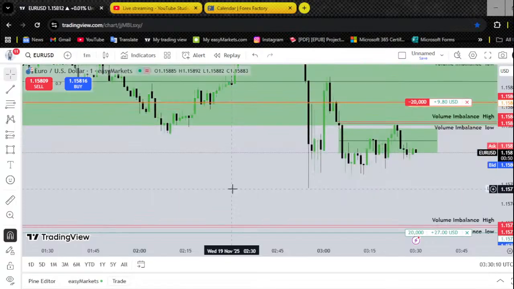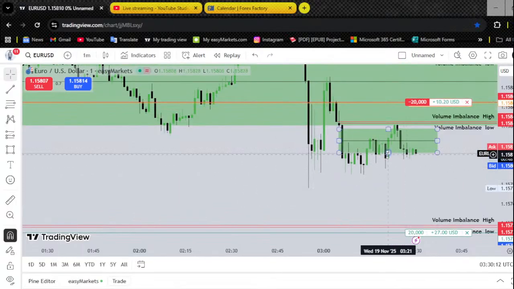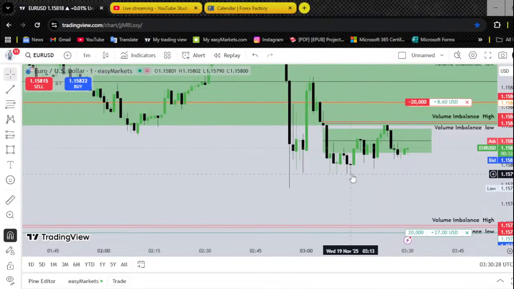I can just check this fair value gap now. How market just went to the discount, came back to the premium, returned down to the discount. Now it would be good if the market just goes down, and we don't stay here for long.